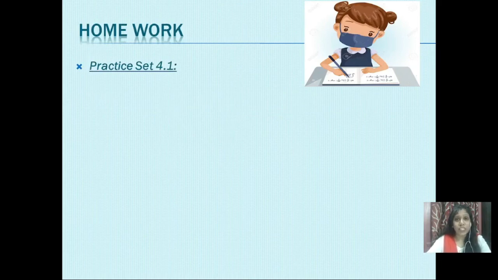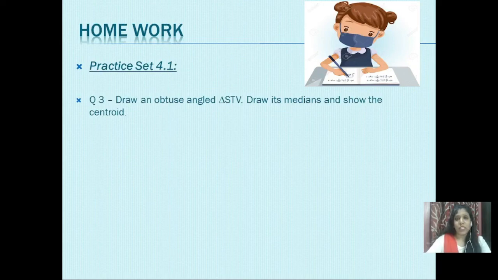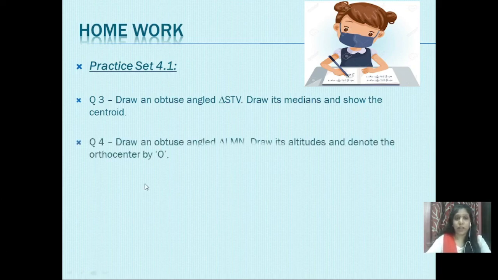Last but not the least is your homework. Now this is from your practice set 4.1, question number 3. Draw an obtuse angle triangle STV. Draw its median and show the centroid. Draw an obtuse angled triangle LMN.